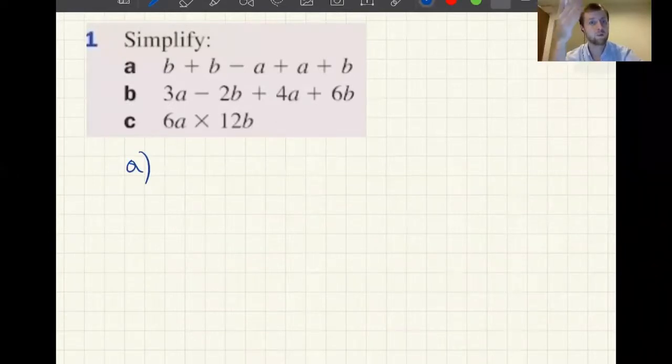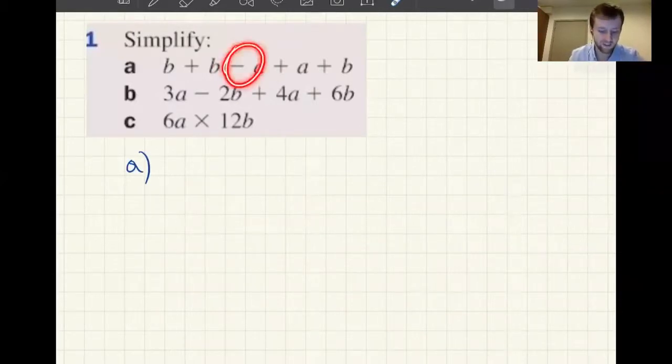In example 1, we have B and A, or actually in all of them, A, B, C is all about B and A. So let's say we have a banana, then we get another one, which means we have 2 bananas, and then someone takes away an apple from us. We don't even have an apple yet, but someone just takes it away, and then someone gives us an apple. Guess they changed their minds, and then we get another banana. So let's try to count this.